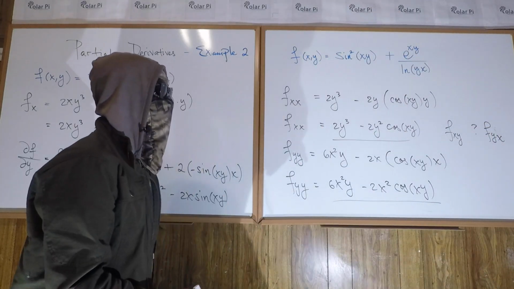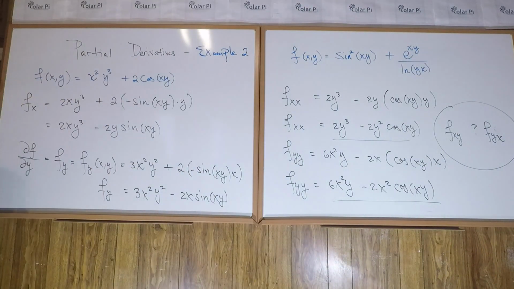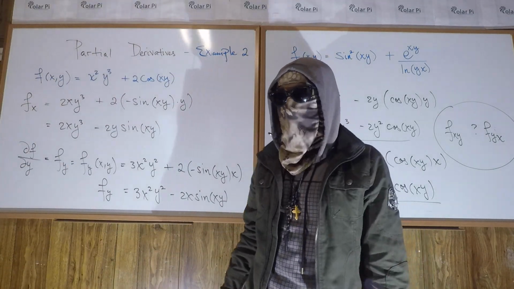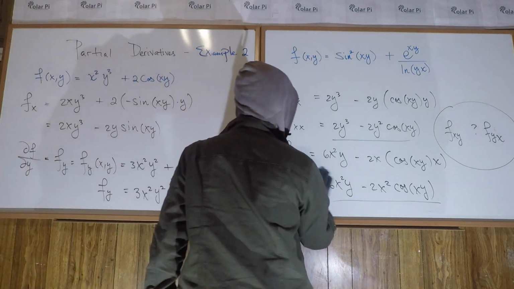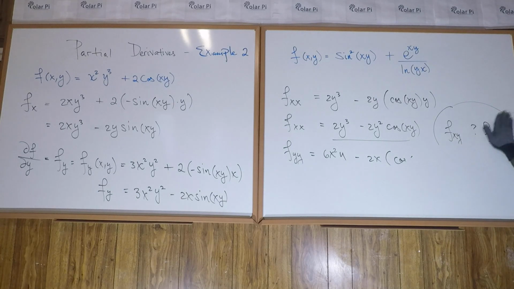Yeah? So there's an interesting thing to note about this here, and we're going to figure it out in the next example. Don't do it on your own, because then you don't have to watch the next example. Okay. But it's okay. If you're an inspired student and you're curious what has to be true about mixed partials.